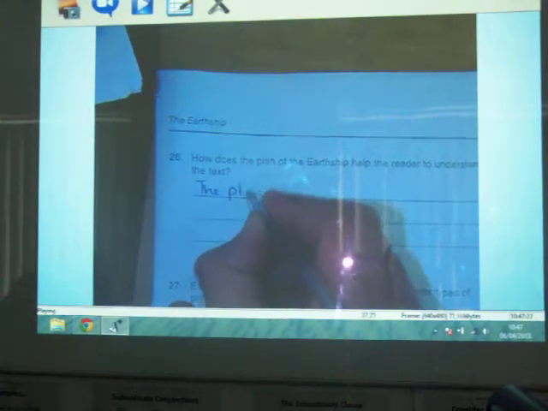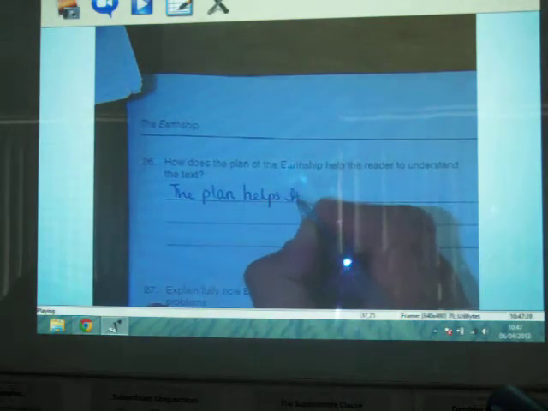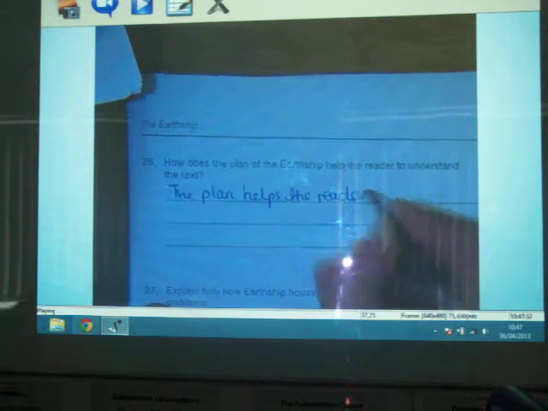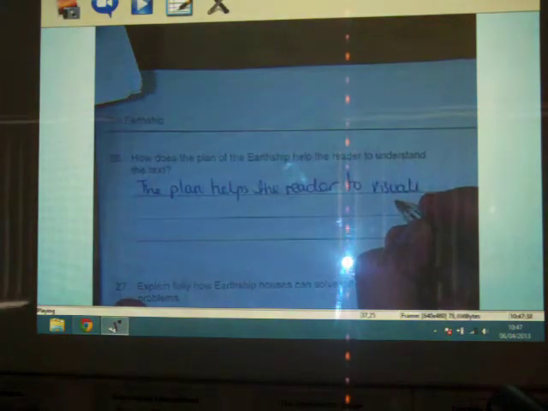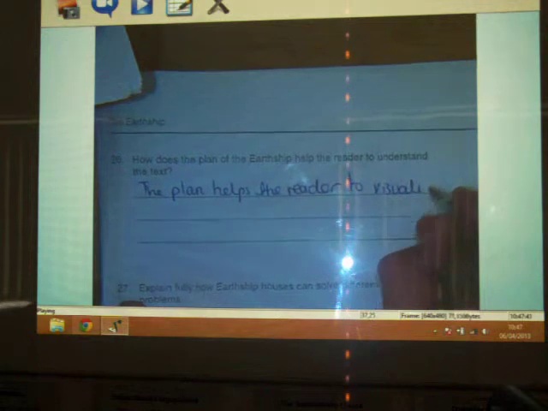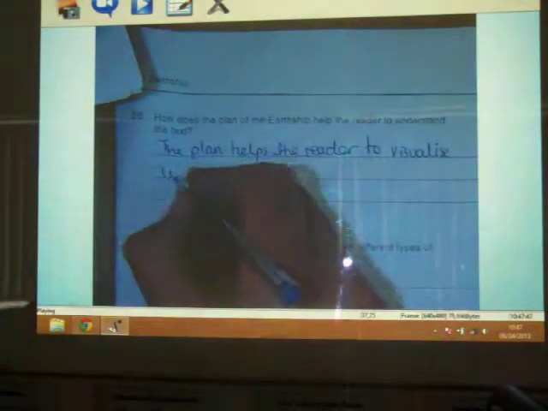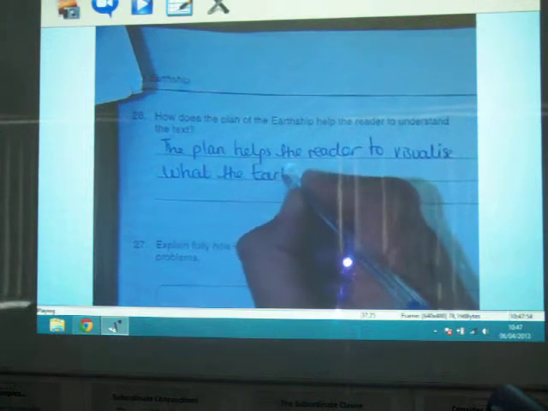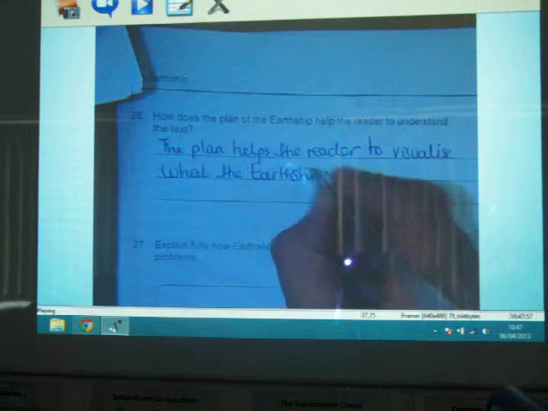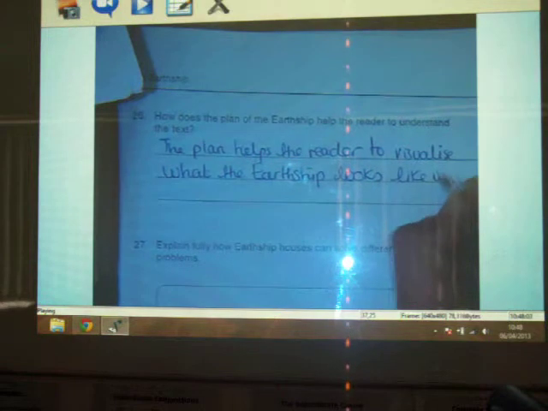So the plan helps the reader to visualize what the Earthship looks like inside.